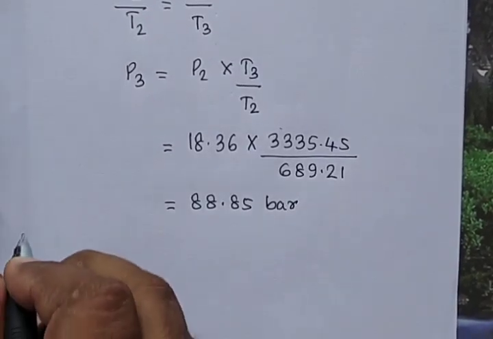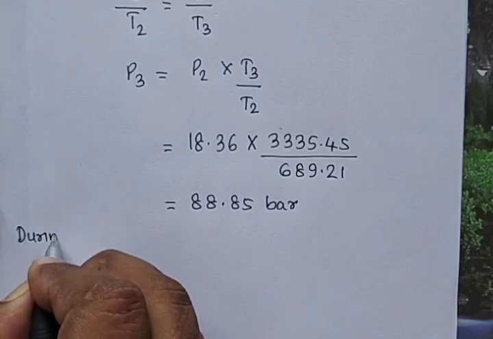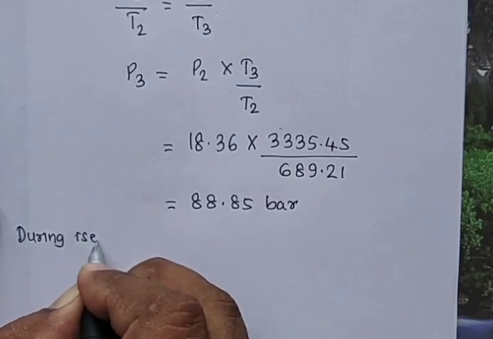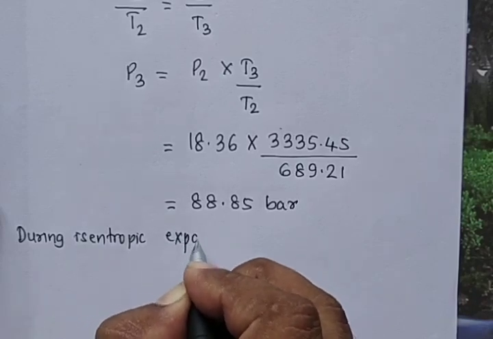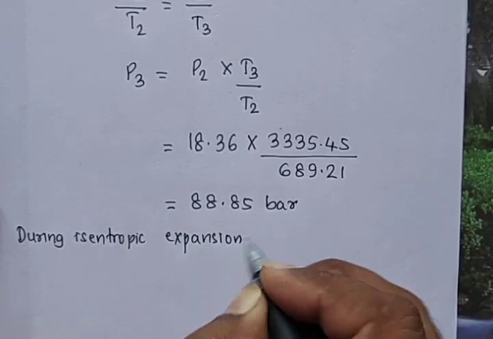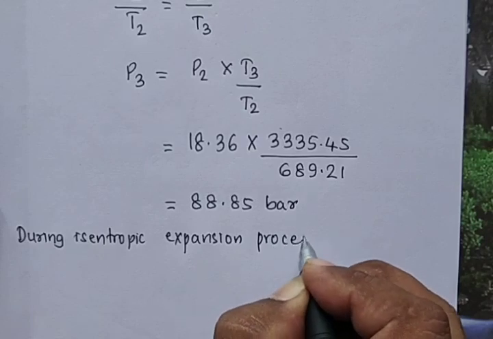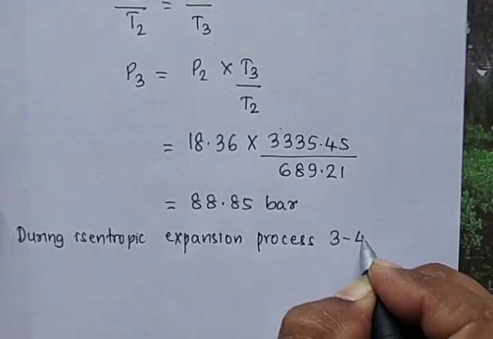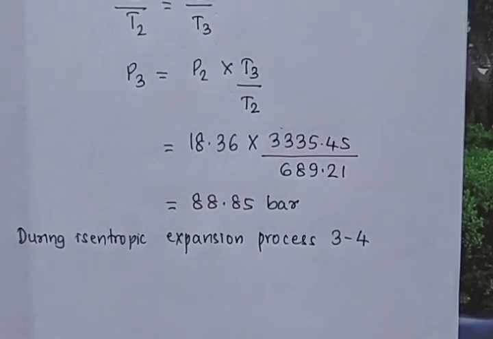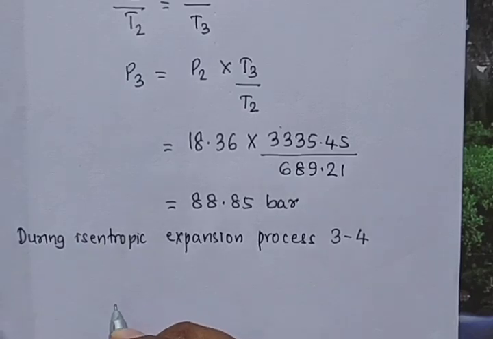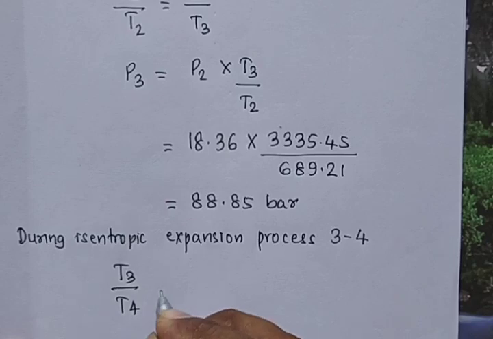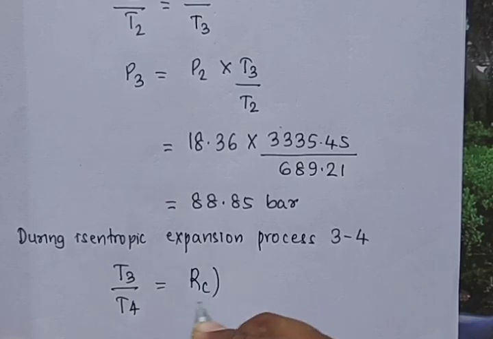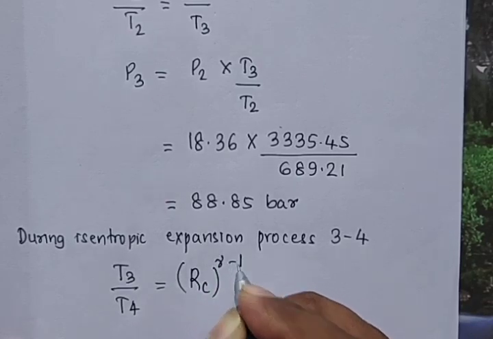That is during the isentropic expansion process (3 to 4). So during this isentropic expansion process 3 to 4, I can write the equation as T3 by T4 will be equal to Rc to the power gamma minus 1.